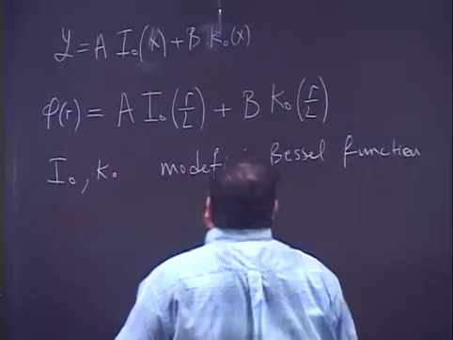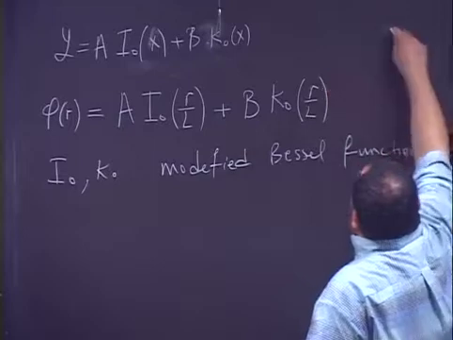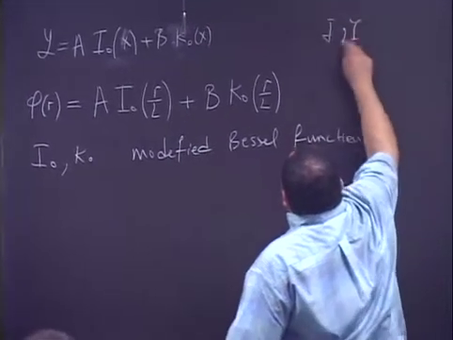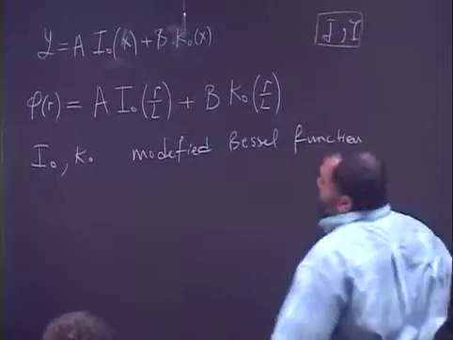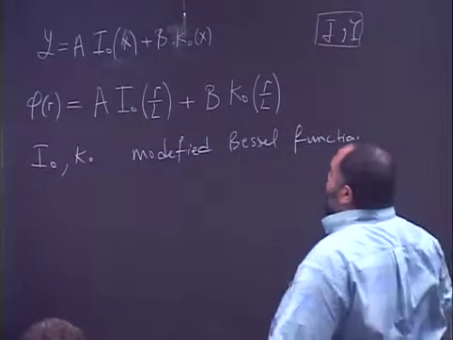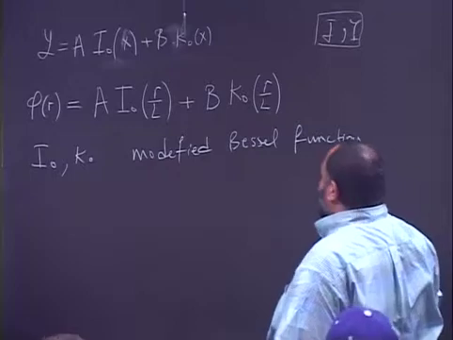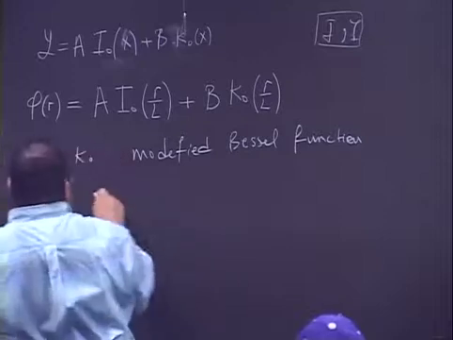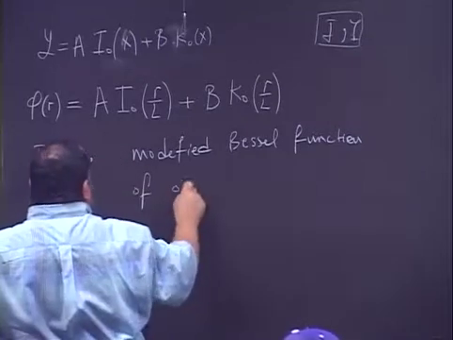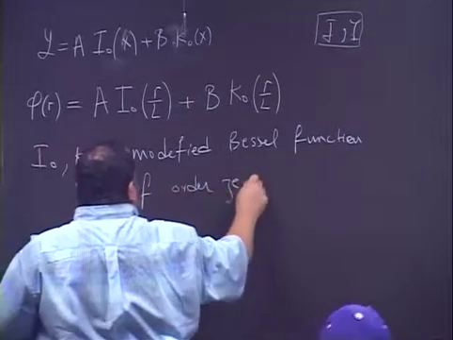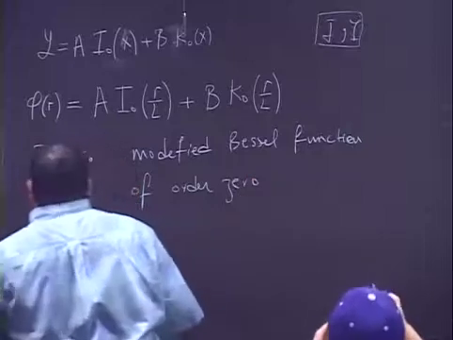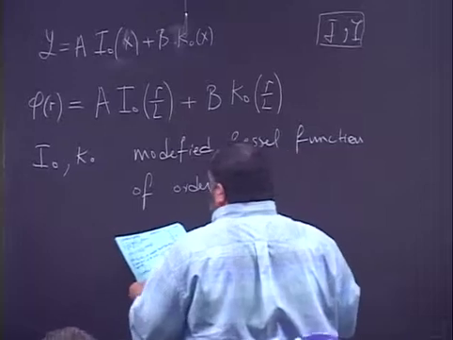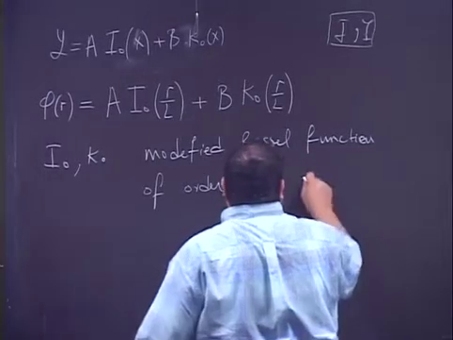If you have a positive sign, you will end up with J and Y. The Bessel functions will be J and Y. If you have negative, like what we have here, it will be the modified I and K. So they are modified Bessel functions of order 0, again 0 because the constant n here is 0, and they are of the first and second kind.